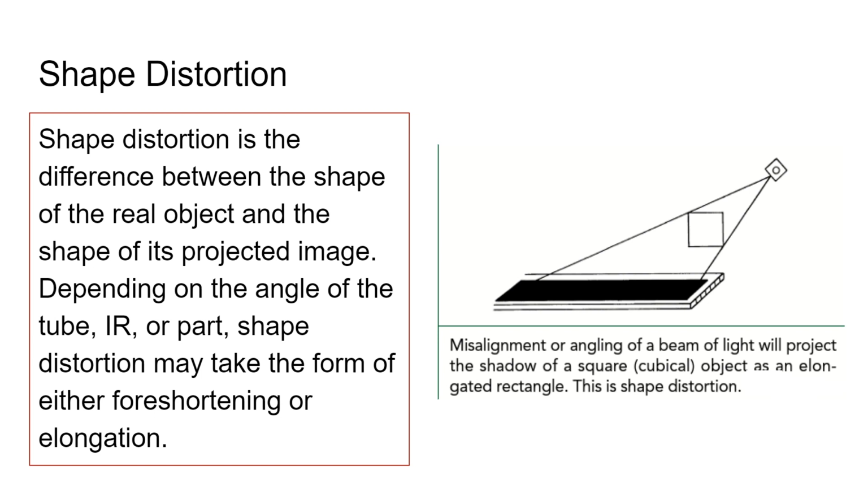If I angle the tube this way, that part of the object gets stretched out. If I angle it the other way, it gets stretched out. Usually in the department, you're either going caudal towards the feet or cephalic towards the head. You're usually not taking the X-ray tube and pointing it towards the door or towards the wall that way. But that would still create elongation.